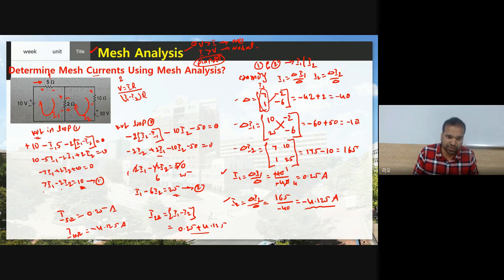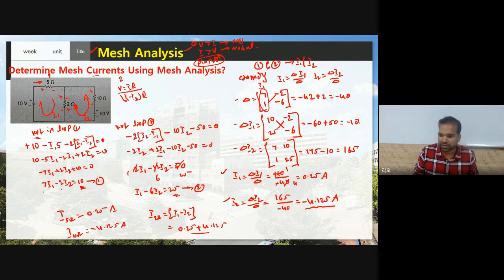As per your assumption, current is going clockwise, but here you get minus 4.125. That means the current is not going in the clockwise direction. The current is going in the anti-clockwise direction.